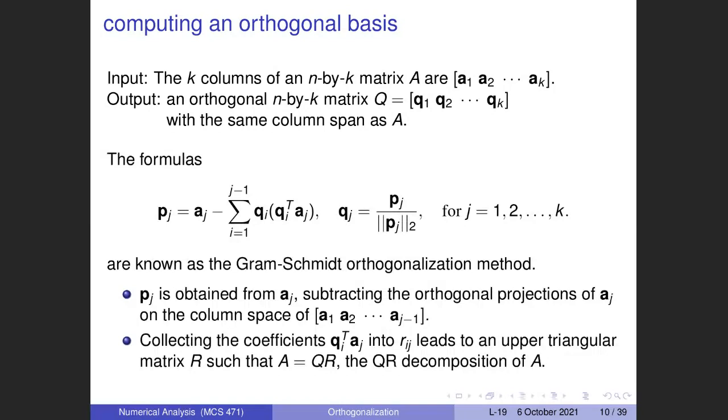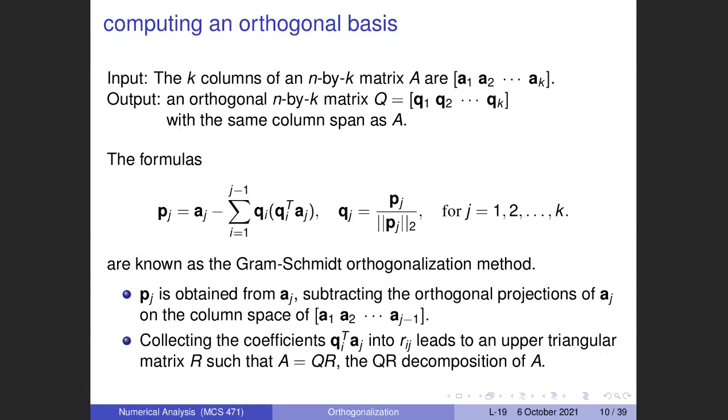So last time we have seen that there is a geometrical interpretation of solving problems in the least square sense, that if you compute an orthogonal basis, or actually more specifically an orthonormal basis, because the columns of the matrix Q are normalized, then you solve the problem in the least square sense.